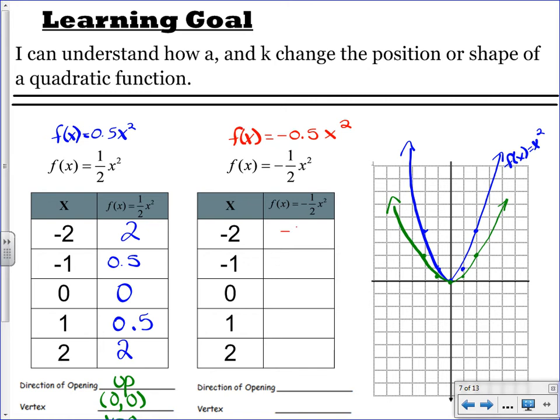Very good. Vanessa, what do you get when f at -1? Very good. Jenny, f at 0? Danielle, f at 1? Good. Carissa, f at 2?